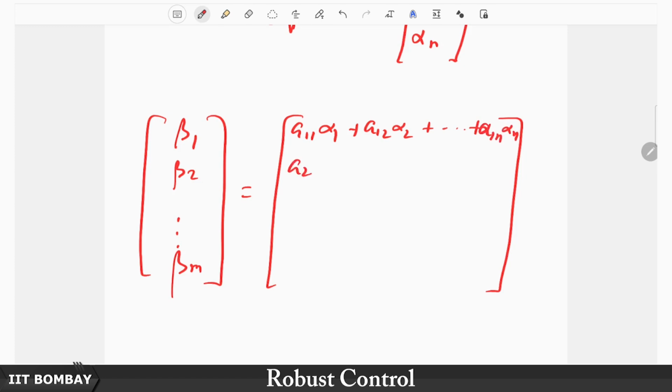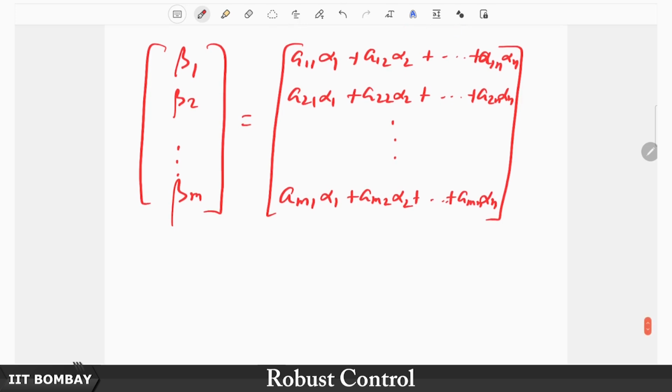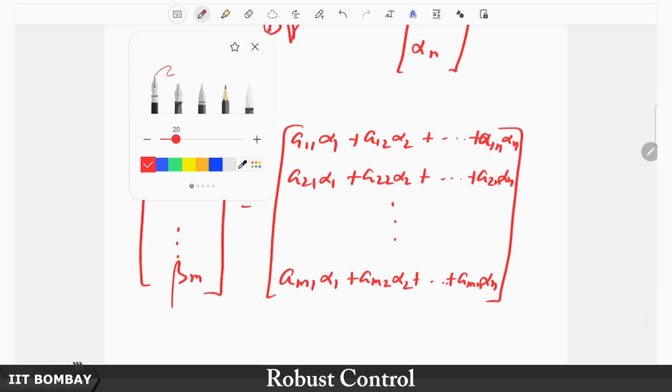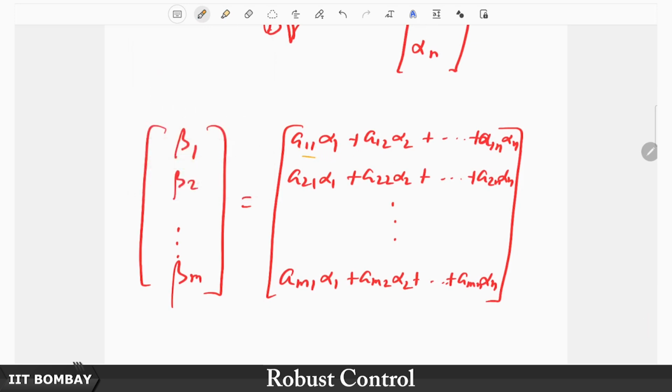Next one is A21 alpha 1 plus A22 alpha 2 plus dot dot dot till A2n alpha n. Likewise, the last one is Am1 alpha 1 plus Am2 alpha 2 plus dot dot dot till Amn alpha n. But this we already know how to write in a familiar fashion, no? Just focus on any one of these terms here, maybe a term such as this.